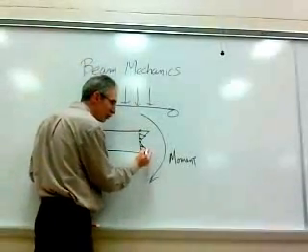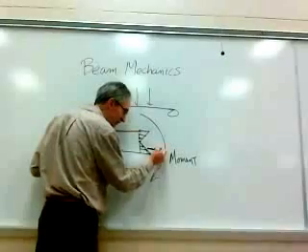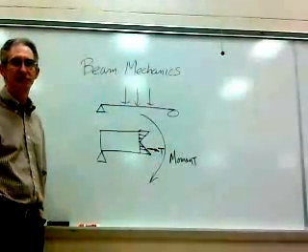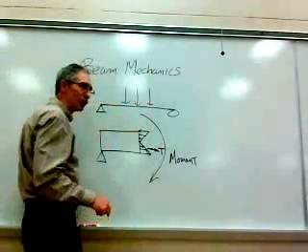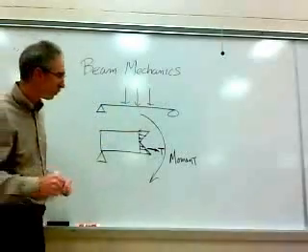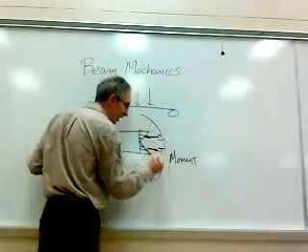If I just took all those stresses and lumped them into a single force, I could call that force a T force, tension force. If I took all my compressive stresses and lumped them into a single resultant force, I could call that a C force.